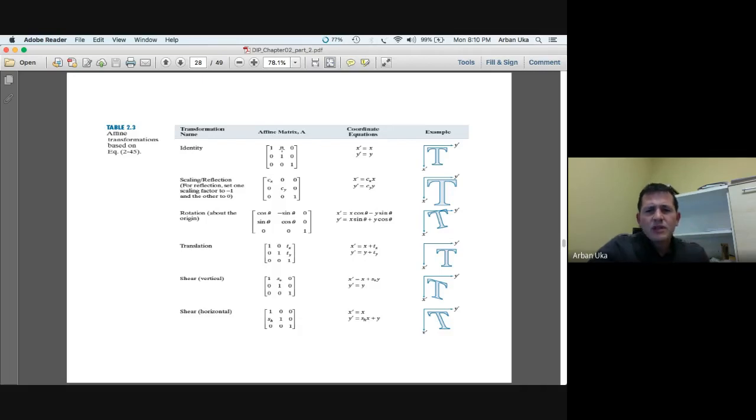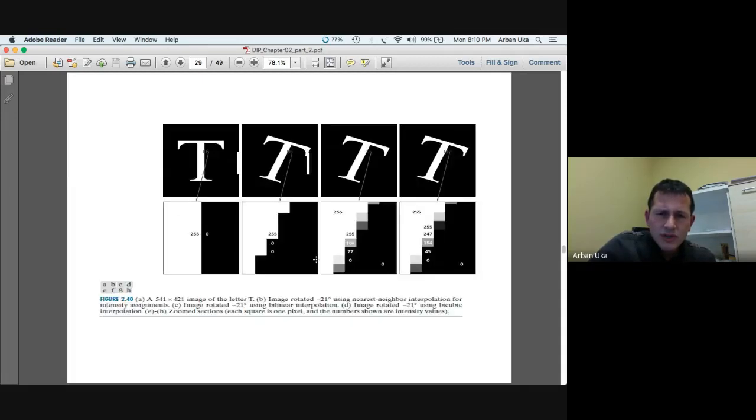We can rotate an image using a rotation matrix, and the rotation matrix has a form as shown here. We can have a translation over a matrix. For all of these, we can write down the code and implement these. We can have a shear, a vertical shear, and also a horizontal shear.